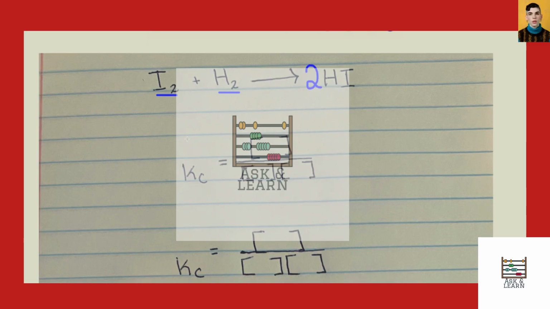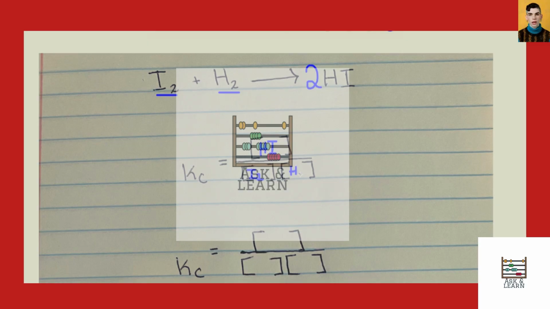Perfect. So we're first asked if the Kc is greater than 1, equal to 1, or less than 1. So the best way to do that is to find the Kc. To write our Kc expression, we're going to do products over reactants. So we're going to put our HI here, and then I2 and H2 here.